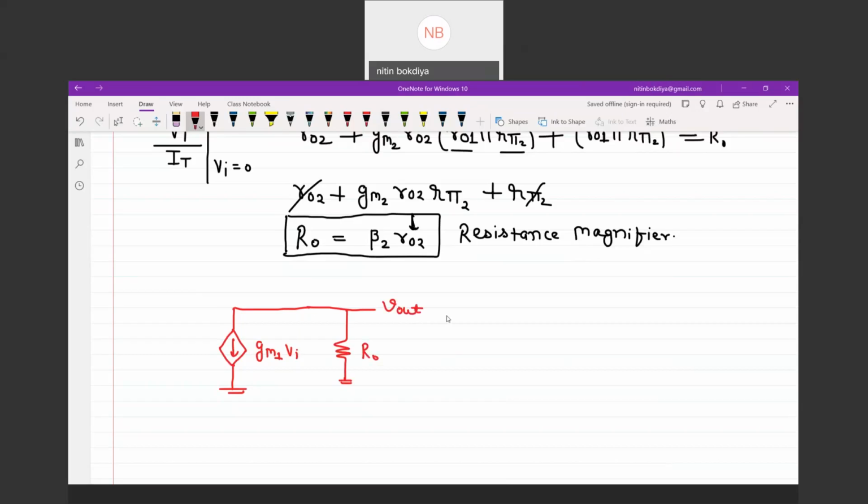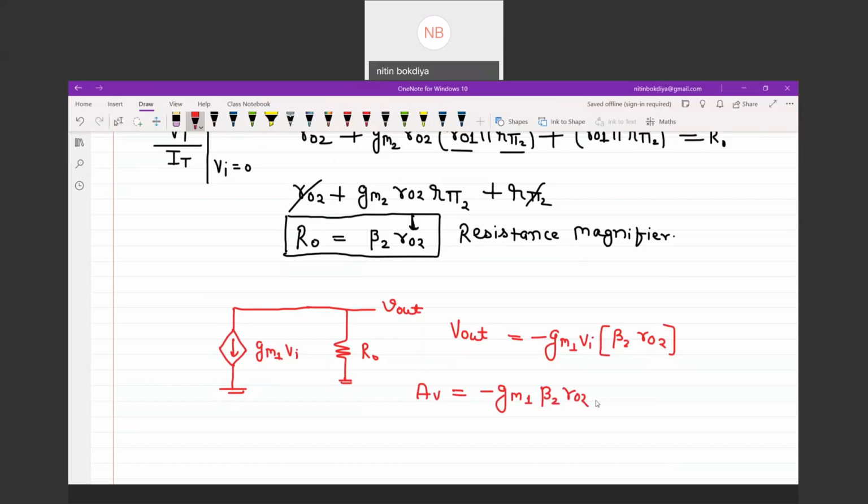So V out for the circuit is equivalent to minus GM1 into VI into RO, which is beta 2 into R02. So you can say the voltage gain is equivalent to minus GM1 into beta 2 into R02.